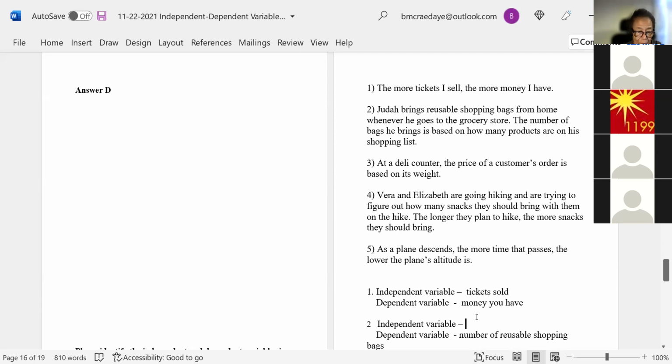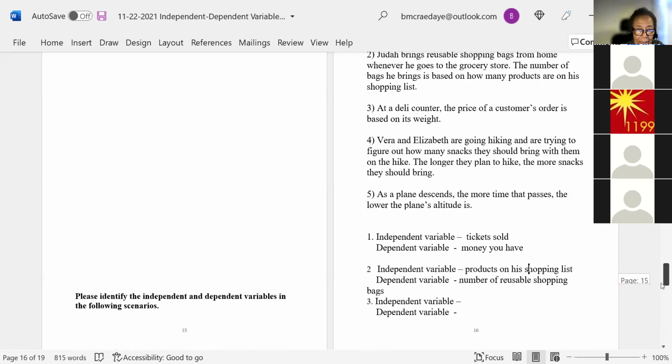So that would be products on your shopping list. In this case, it's Judah, so the products on his shopping list determine the number of bags he takes. All right. So the dependent variable is the number of reusable shopping bags. What is that dependent upon? The number of products on his shopping list.